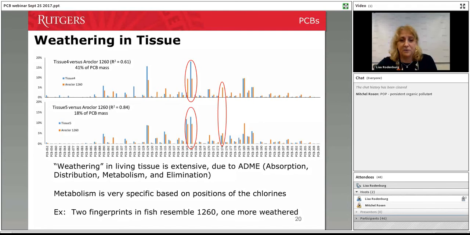I know that the font here is very hard to see, but one of the ones that just disappears is PCB 147 and 172, things like that. They just disappear. So you can get very systematic alteration of the congener fingerprints when you're in biota. And if you know what to look for, you can still relate those fingerprints back to the original Aerochlors. And again, that can give you an idea of who might have been responsible for the PCB contamination in your system.